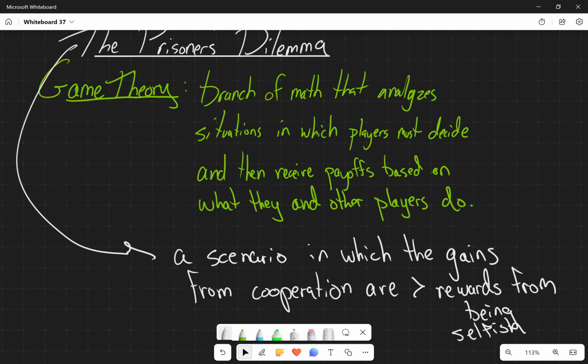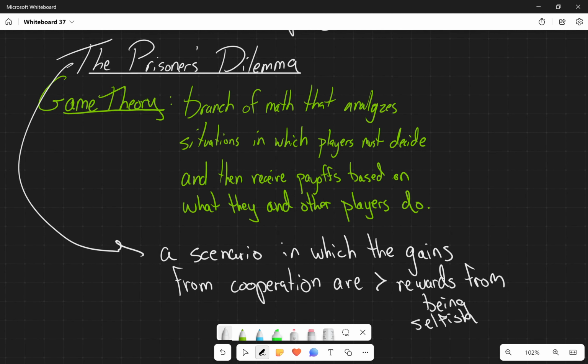And we're just going to use selfish and self-interested in the same way here, right? So the gains from cooperation are greater than the rewards from being selfish. That's the defining characteristic of a prisoner's dilemma game theory setup. So let's jump into it.